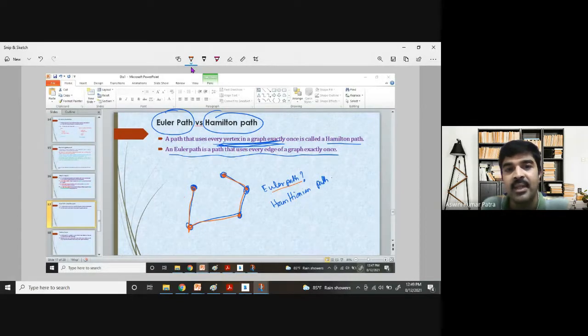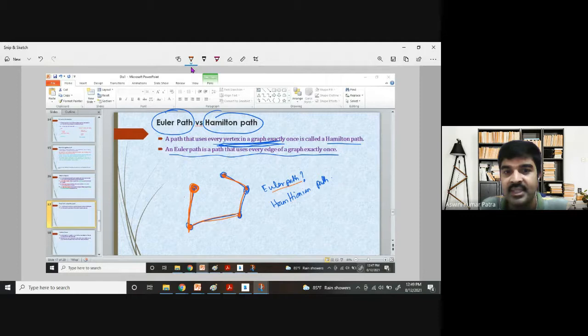And an Euler path uses every edge of a graph exactly once. Whether it has a Hamiltonian path, in that case, vertices should be visited once.